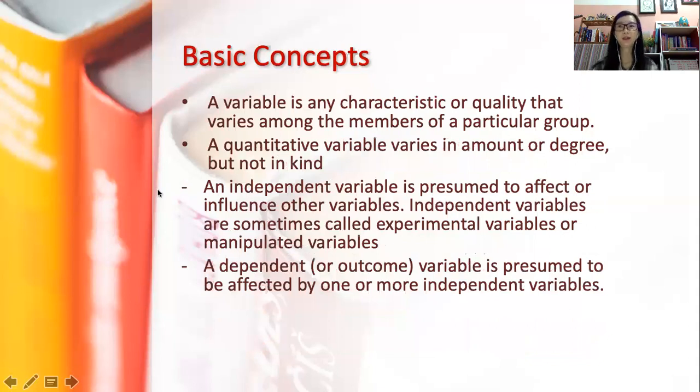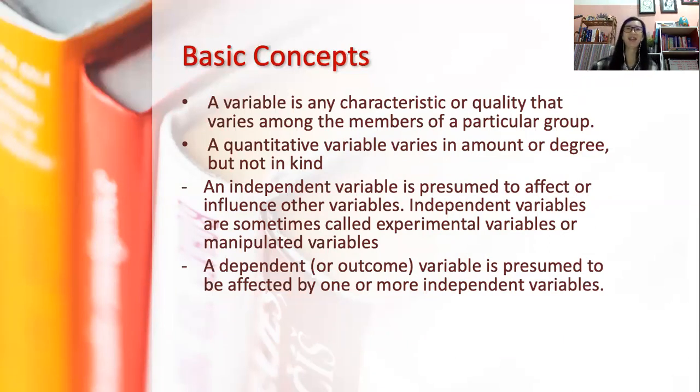The next concept is what we call a variable. We talked about this previously already. Quantitative research tries to find out the relationship between variables, but you will not get it when you do not understand what a variable is yet.